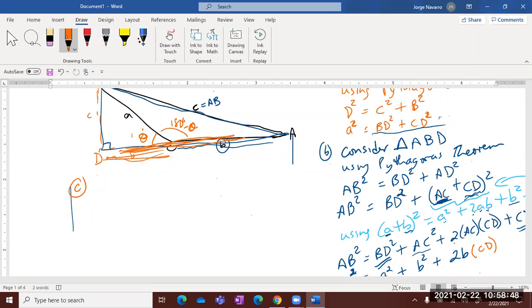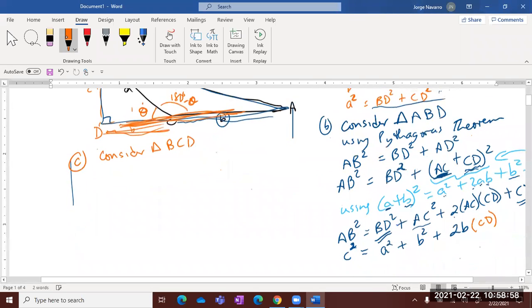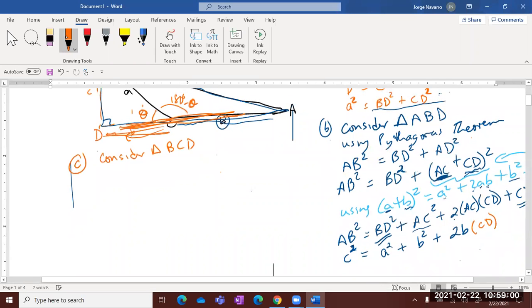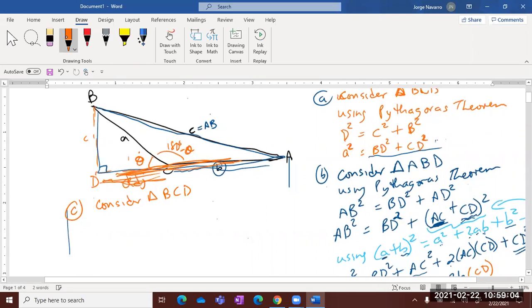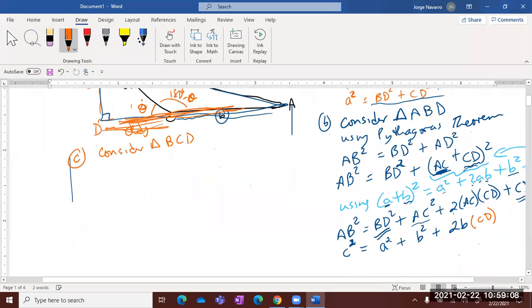Yes, exactly. So now let me consider the same triangle, BCD. This CD, I can call it the adjacent of that triangle. And A is actually the hypotenuse.